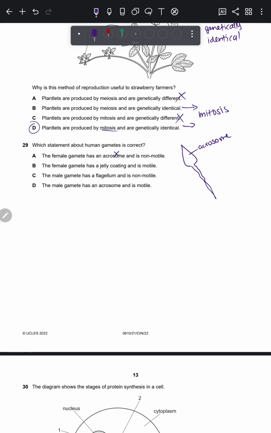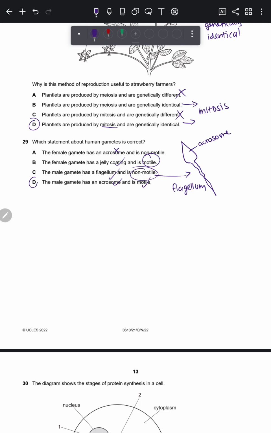Female gamete has a jelly coating and is motile. It cannot move because there's no flagellum. There's nothing that will actually help it to move. The cilia are the only thing that aids it in moving. Male gamete has a flagellum and is not motile. Non-motile, that's wrong. It has a flagellum, which helps it move. Gamete has an acrosome, yep, and is motile, yep. So it must be D.